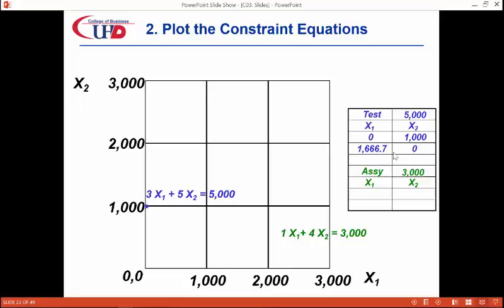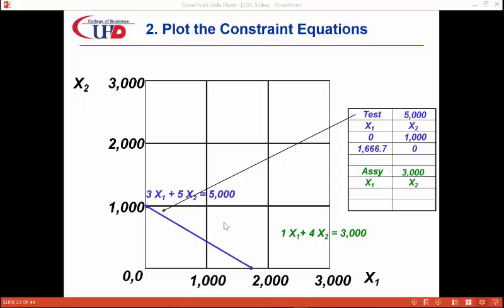And this gives the testing intercept on the x1 axis. Now connect the two intercepts, and we have the testing constraint line.